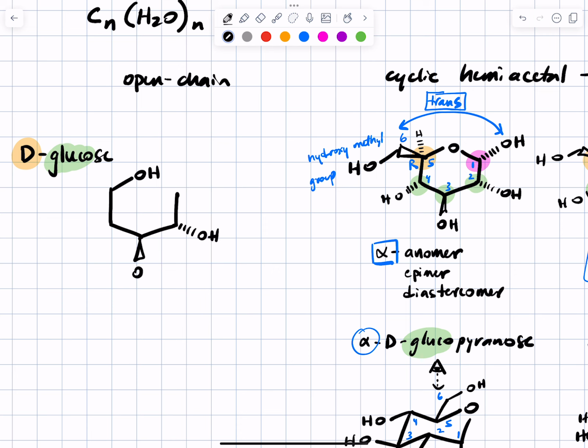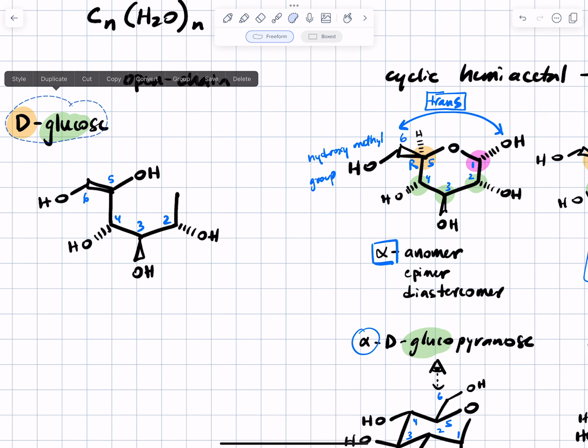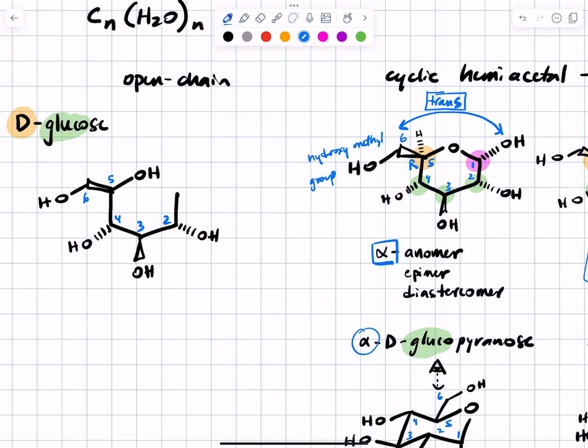C2, C3, C4, and C5 are going to be exactly the same in the open chain form as they were in the cyclic hemiacetal form. But C1 is going to be an aldehyde.